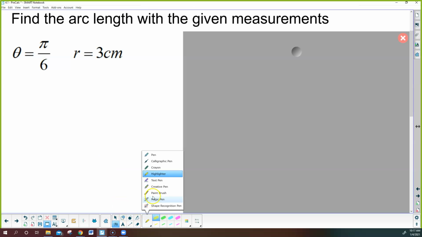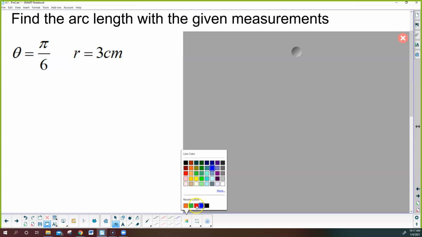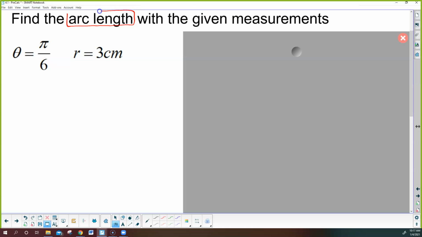This is about as quick and friendly as these kind of problems get. So arc length is just multiplying these two together. We always use S as our arc length. So what is it? It's 3 times pi over 6.